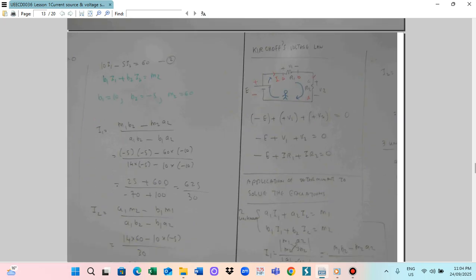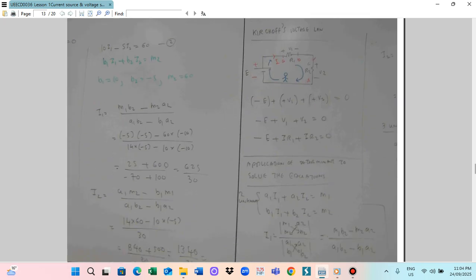And similarly equation 2: 10 I1 minus 5 I2 is equal to 50. You compare with B1 I1 plus B2 I2 is equal to N2. So B1 is equal to 10, B2 is equal to minus 5, and N2 is equal to 50.